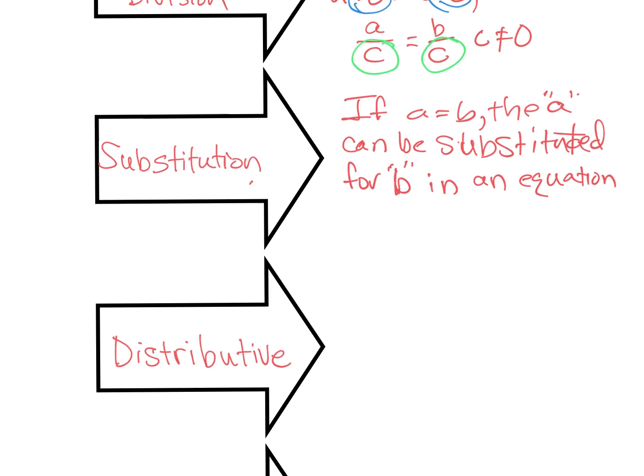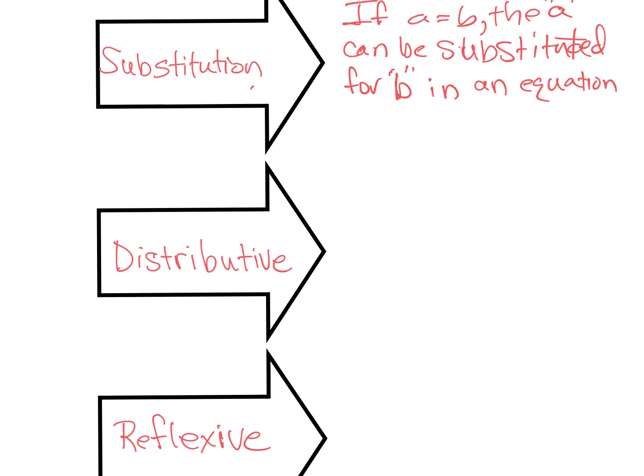The next property is distributive property. A times B plus C, with our parentheses. Remember, distributive property is where you're going to multiply A by both things inside of your parentheses. So it would be equal to A times B plus A times C.